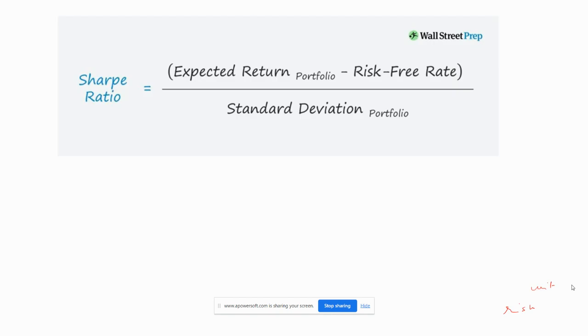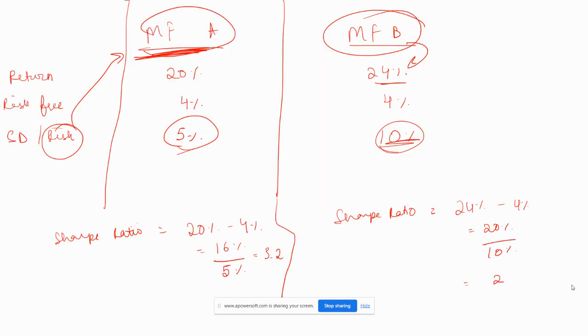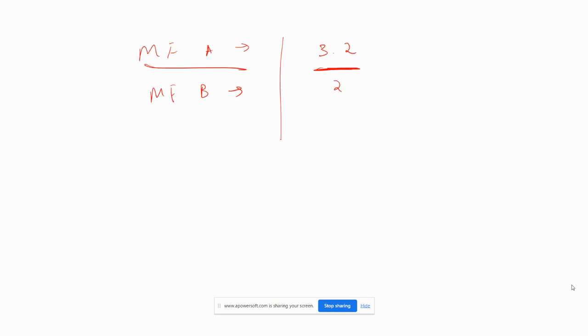You're understanding the point. So mutual fund A is a better risk adjuster because even by taking lesser risk, I generated a greater per unit risk value. I generated 3.2% per unit of risk that I've taken for mutual fund A, but for mutual fund B, I generated 2%.